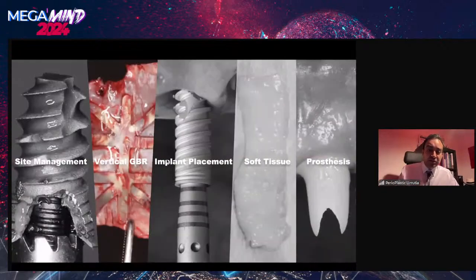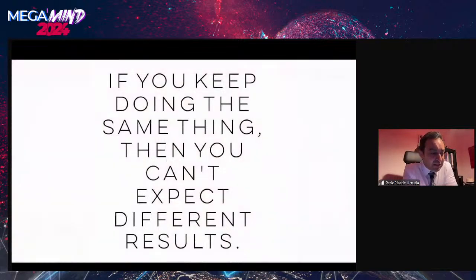So maybe take some risk in this situation to promote another bone gain. The lesson for me: if you keep doing the same thing again, you can't expect a different result. If we try another PTFE membrane, we risk another exposure. So we need to lower the rate of exposure or complication.